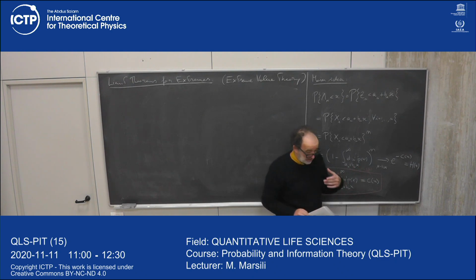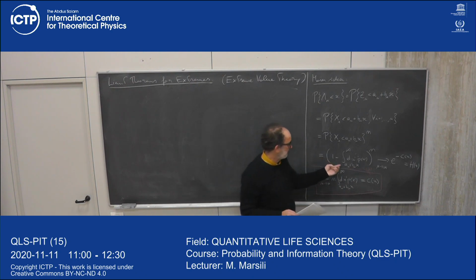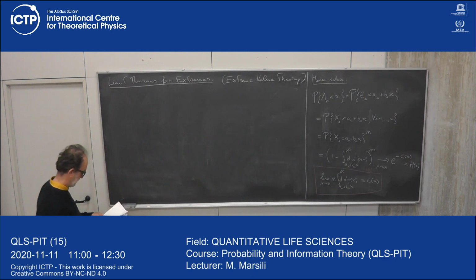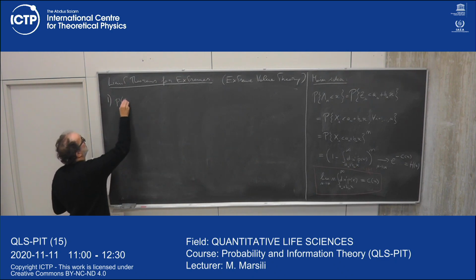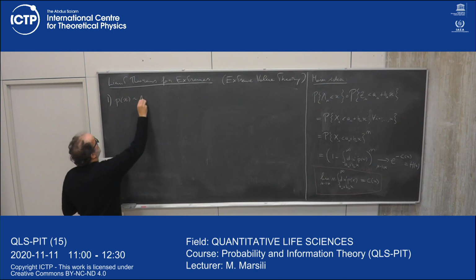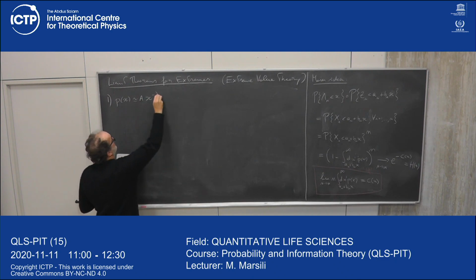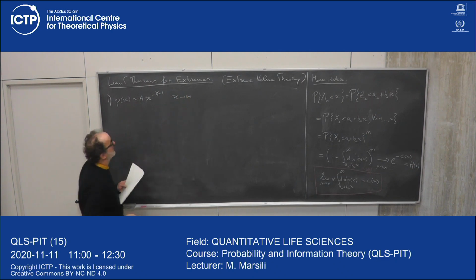So depending on the behavior of the PDF in the tail, I will have different limits. Okay. So the first case is when the probability distribution goes as a power law, say a times x to the minus gamma minus 1, when x goes to infinity. Okay.